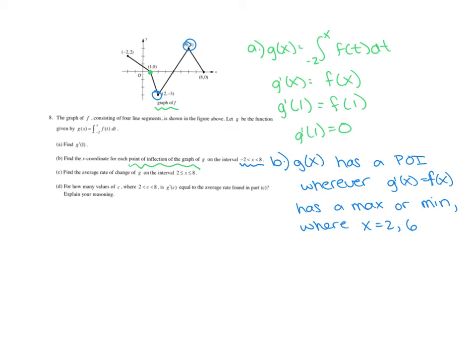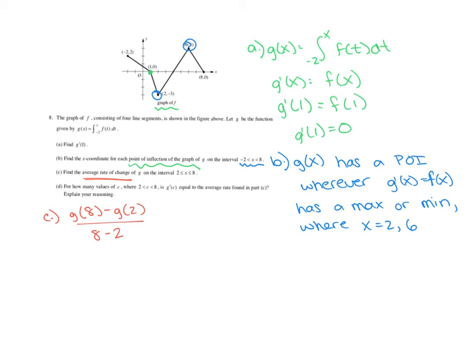For part C, average rate of change. So average rate of change, this is an old formula, might have been from chapter 2. But the average rate of change is the change in y over the change in x. That means I need to find g of 8 minus g of 2 over 8 minus 2. And this part it's a little bit of a mess finding g of 8 and g of 2.